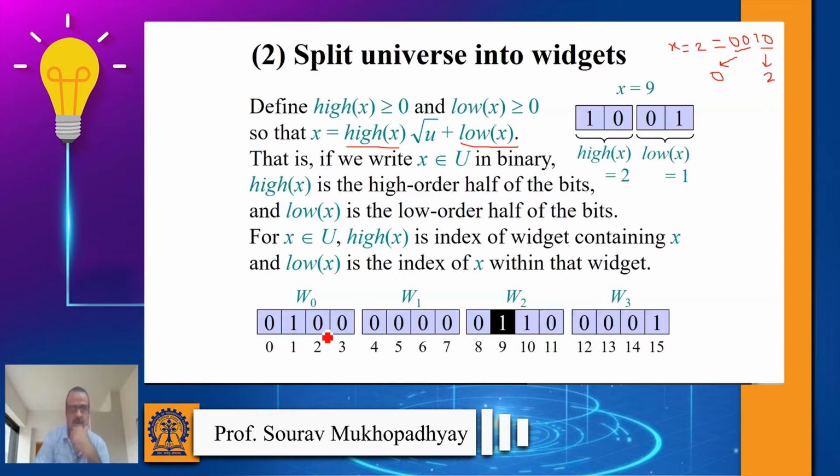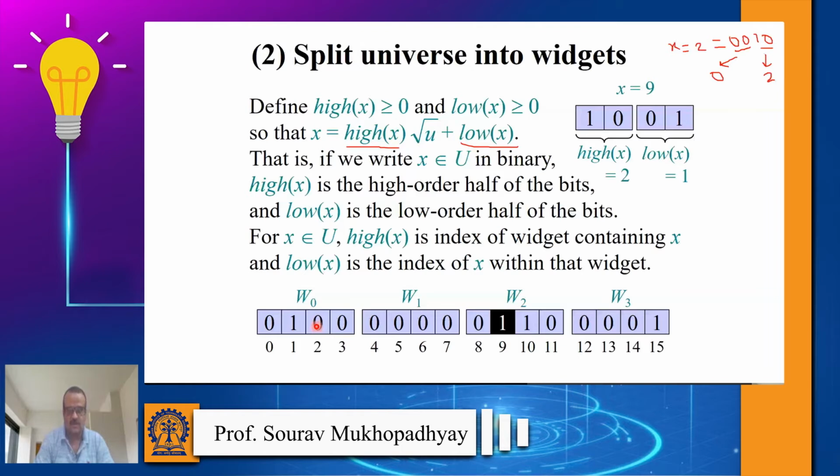So how to do that? We first search for a 1 in this block, or in this subarray, after this position. If not, then we'll go for the next widget.